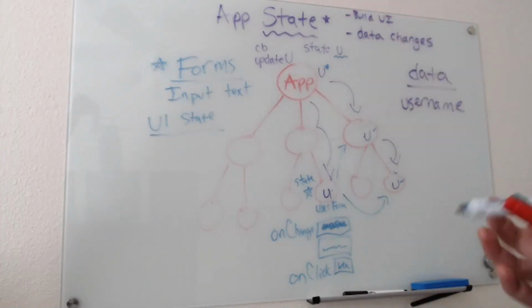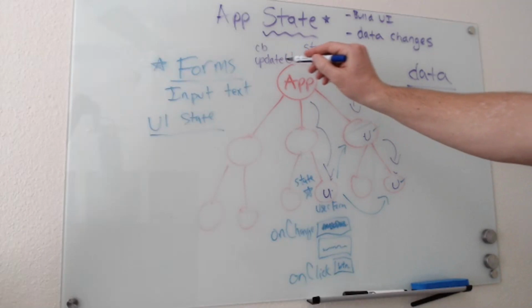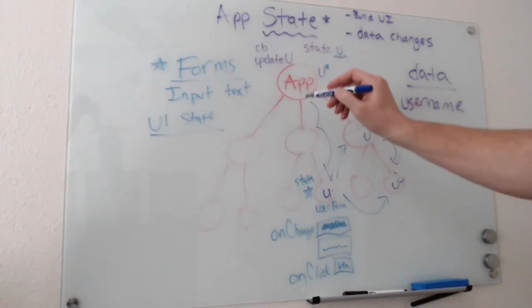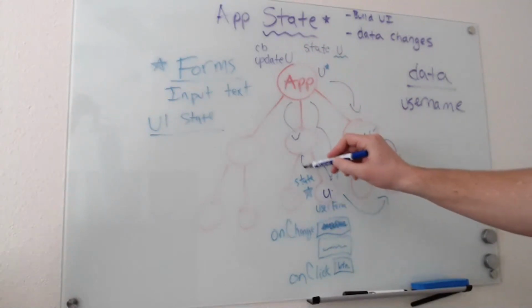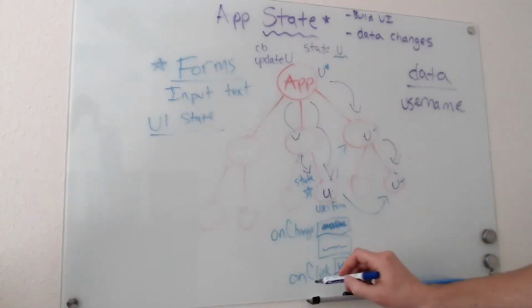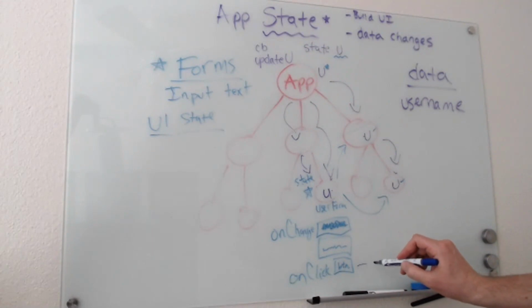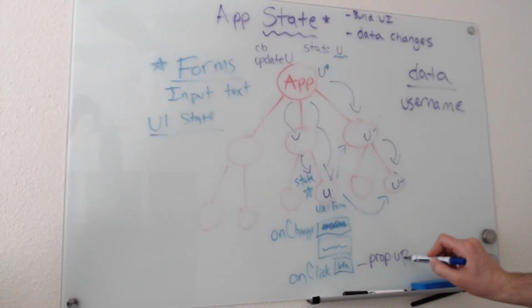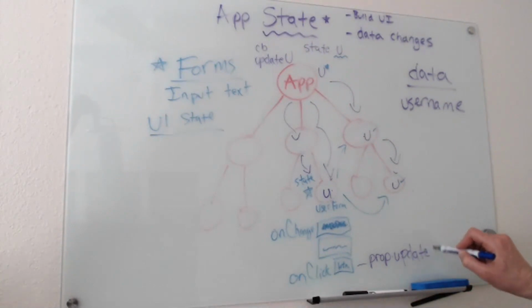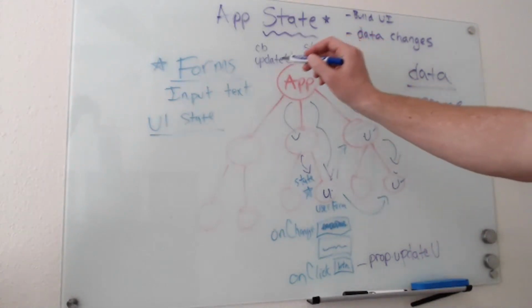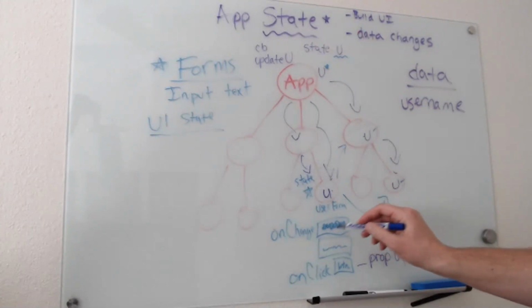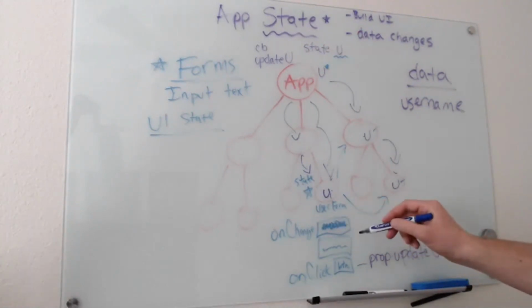So the solution is to take this update username callback function, pass it down as props, and when we click on the button, it's going to run props.updateUsername. And what that does is this function here takes in the text from our input.